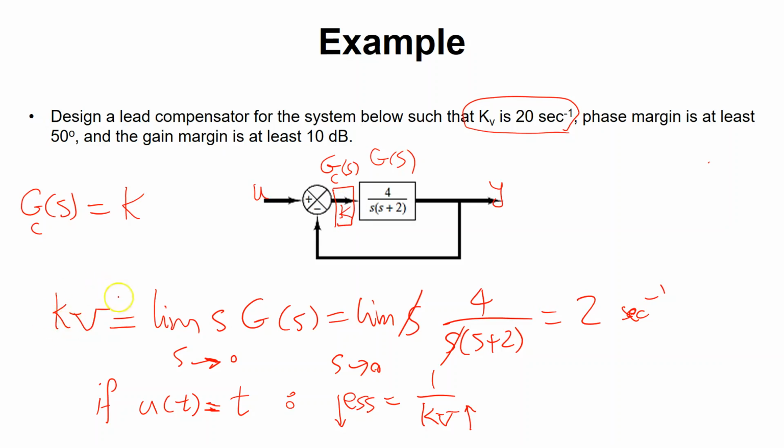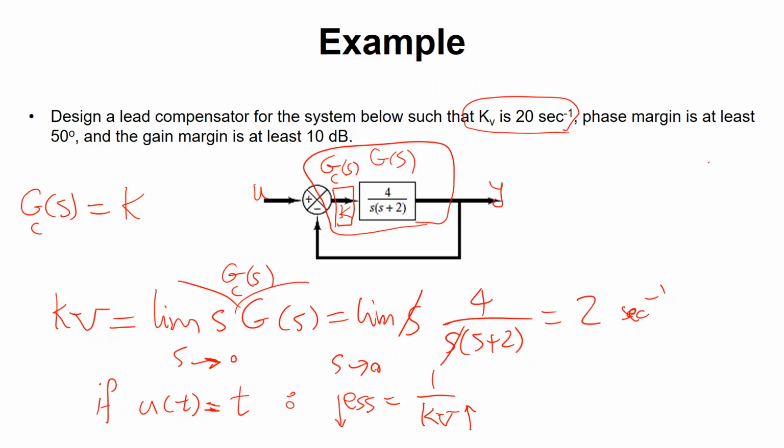Now, when I want to calculate KV, it's not simply limit of SGS, it's limit of combination of these two. S times combination of these two as S goes to 0. So it's not SGS, it's what? S times GC of S times GS. You have to bring this guy in because these two are in series. The equivalent transfer function is the product of the two.